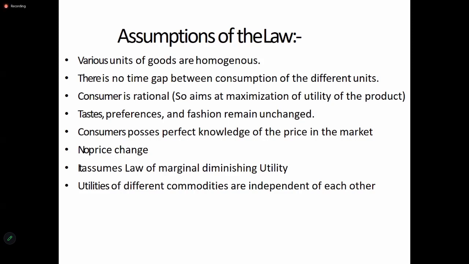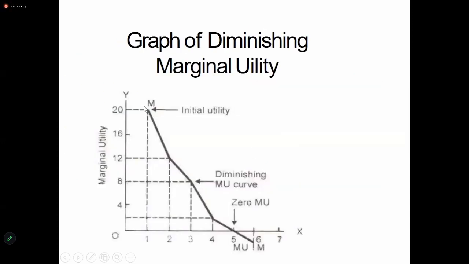After taking two ice creams, your utility may differ when you are eating both ice cream and chocolate. Sometimes after one ice cream, your utility may decrease because you are getting too many other products. That's why different commodities are independent: chocolate, ice cream, and toffee are each independent. Then this graph, you may remember, shows initial utility, diminishing, then zero and minus.